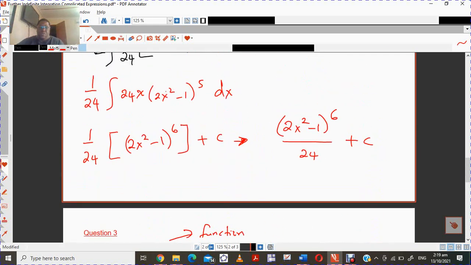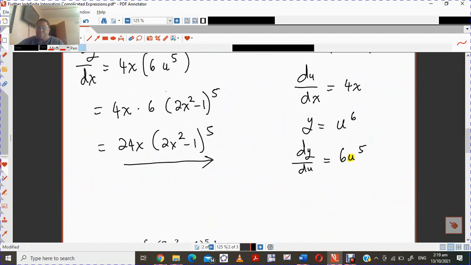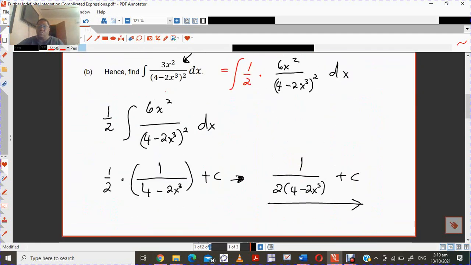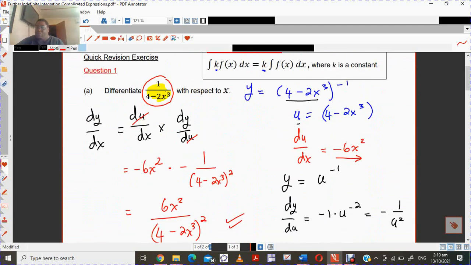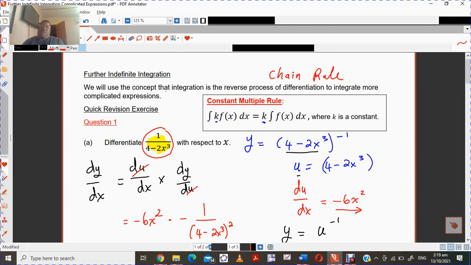If you come across this type of question, just remember there are a few things that you need to revise. For example, your chain rule, because at this point it's very easy for somebody to struggle with or not recall how to differentiate using the chain rule. And then also the basic laws of integration that you need to know, like the constant multiple rule.